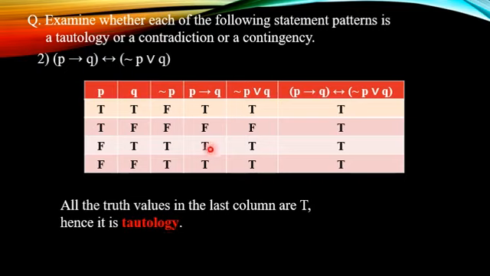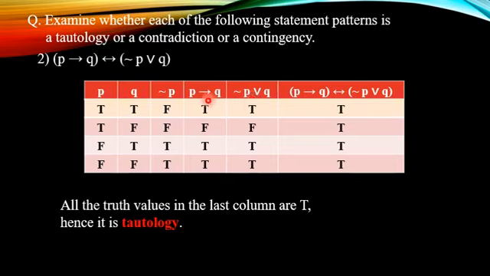Now at this place, if you observe, entries in column 4 and column 5 are identical. Okay, and when the truth values of two statement patterns are identical, they are called logically equivalent. That means P implies Q and negation P or Q, these two statement patterns are logically equivalent.